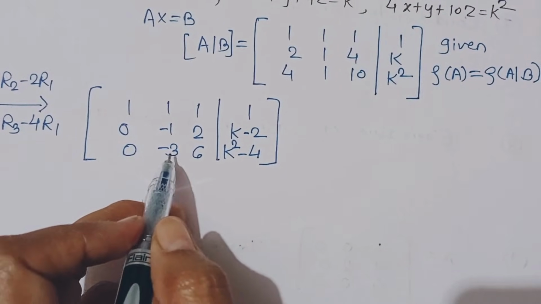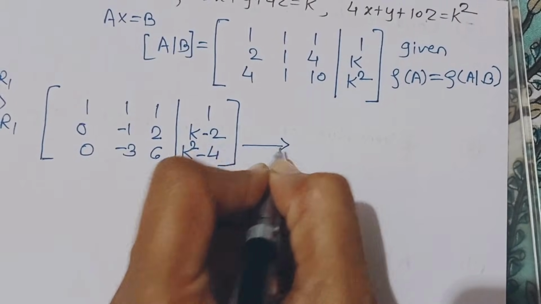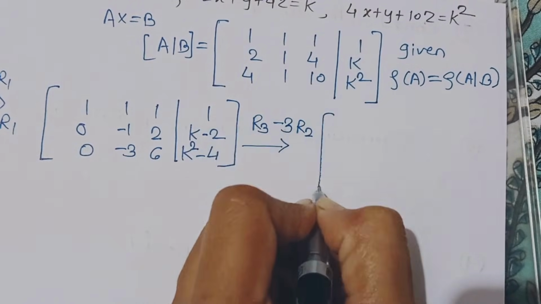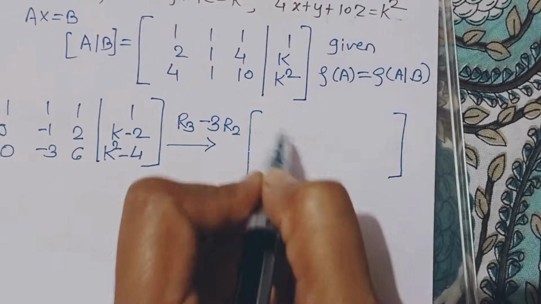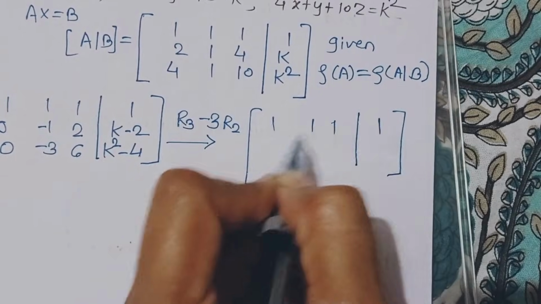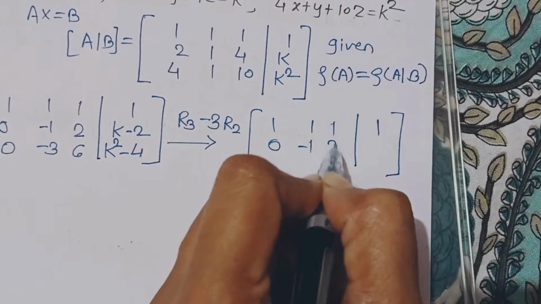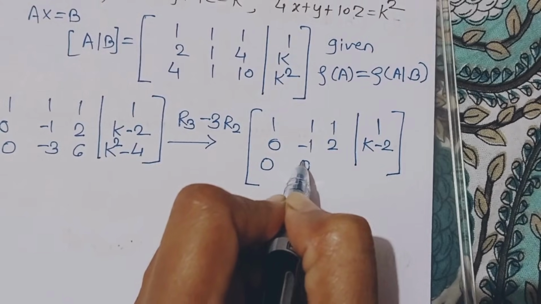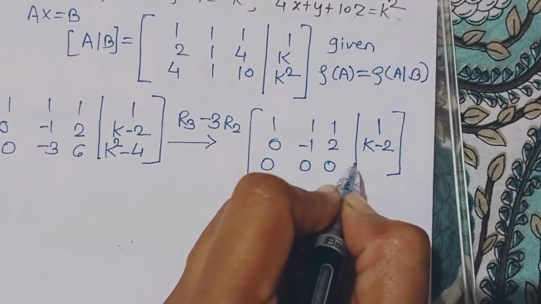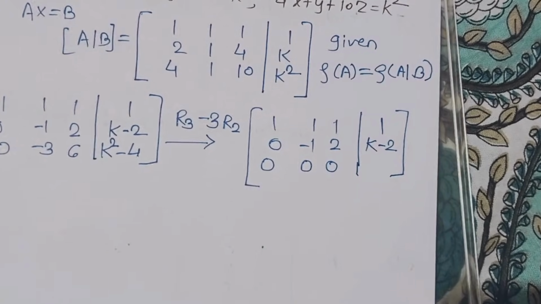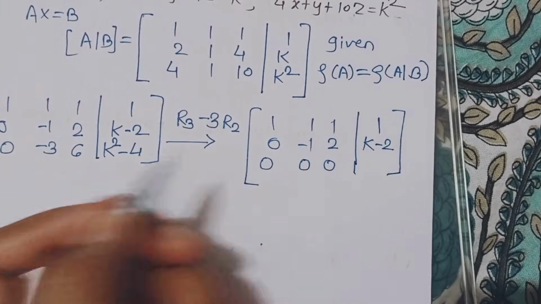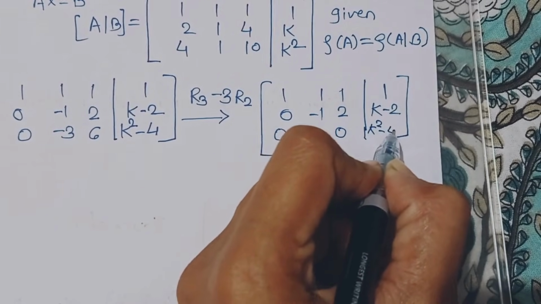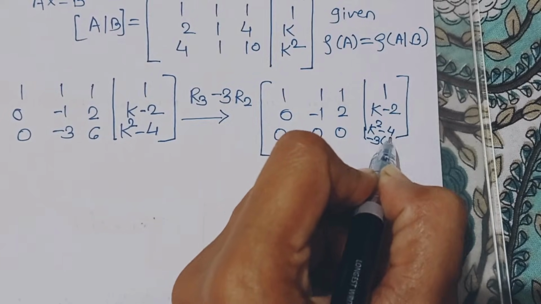Again we have to make 0 here. So we are going to use the operation R3 minus 3 times R2. First row as it is, second row as it is, third row will be 0, 0 and 0, and this element will be k square minus 4 minus 3 times k minus 2.